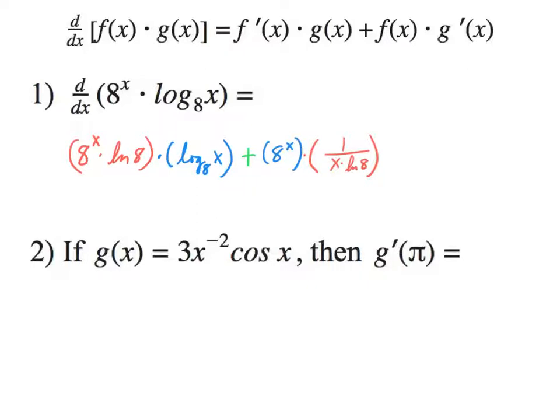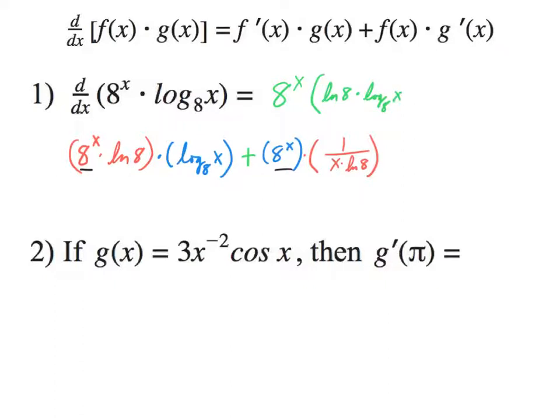We've got to get used to pulling out greatest common factors on these things. If you look at the front and the back piece, do you notice they both have an 8 to the x power? So I'm going to pull this out as a greatest common factor. Here's how my answer is going to be: 8 to the x power comes out as a GCF. That leaves behind the ln 8 times log base 8 of x.